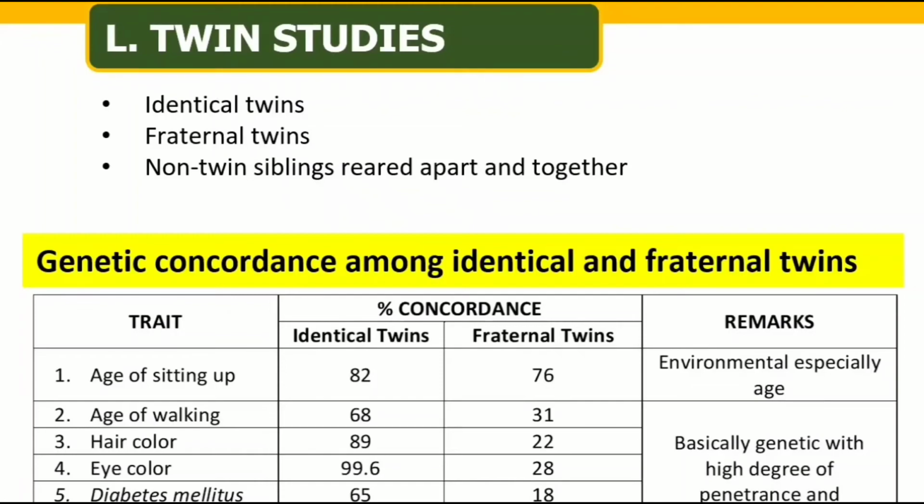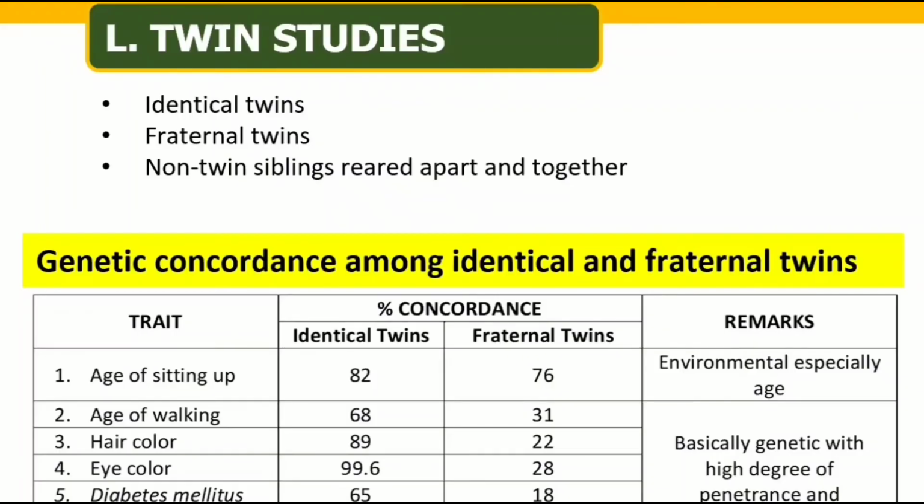Strong G, okay? More equal concordance and discordance ratios between the identical and fraternal groups would in turn signify less influence of the G and more influence of the E on the phenotypic expression of a particular trait.